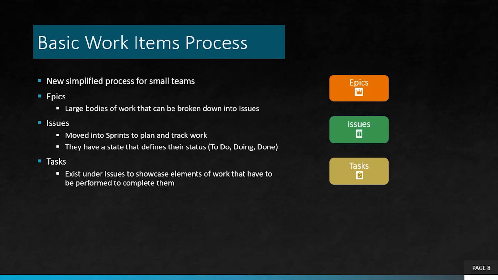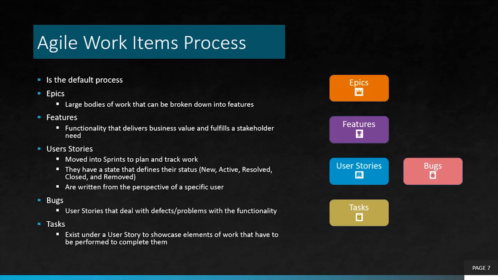So let's move now into the Agile work item process. In this one, this is the default. This is the one that by default is going to be assigned to a project if you don't change it, because this is the one that most organizations use. And this has the typical Agile work items, which are the epics, which is the same as before.